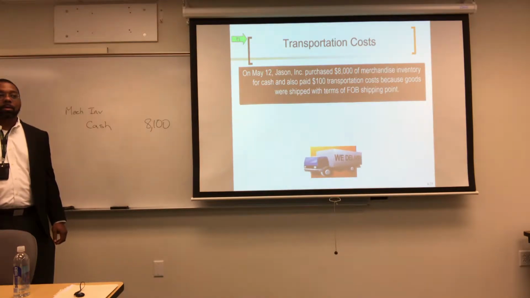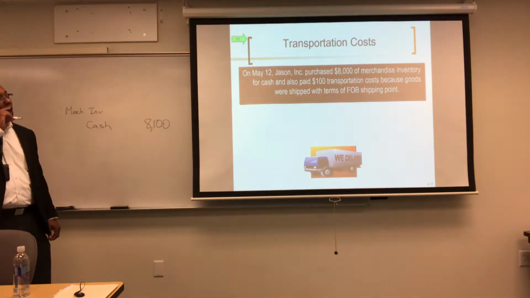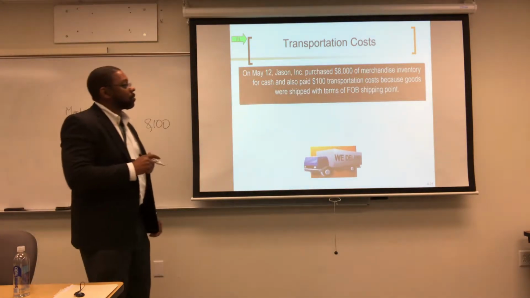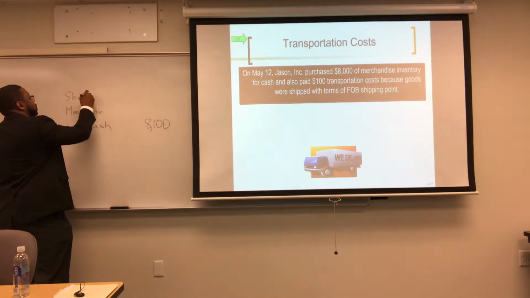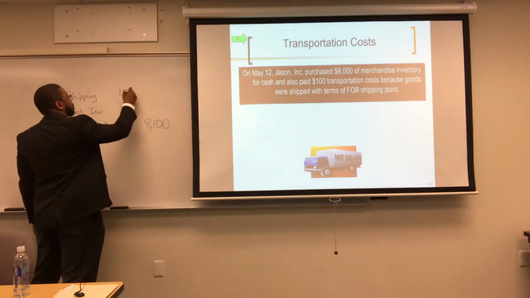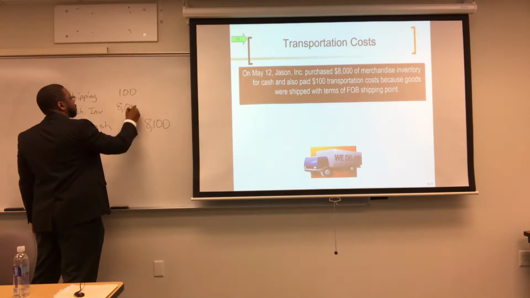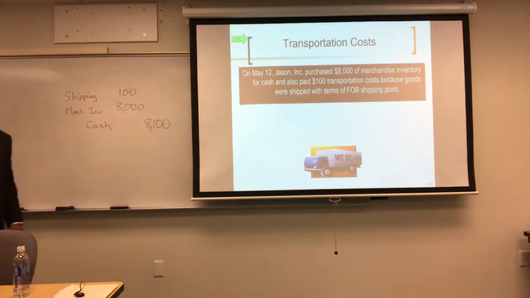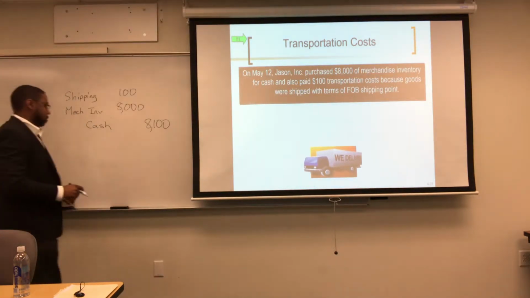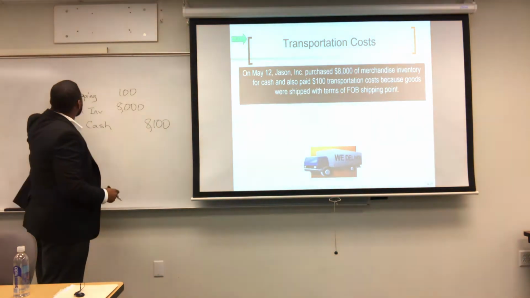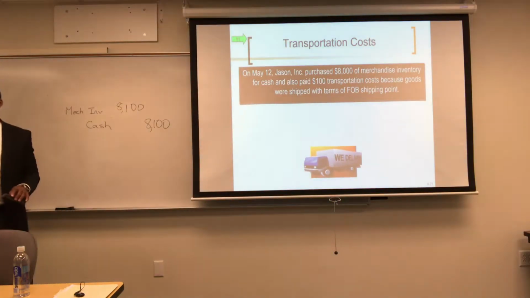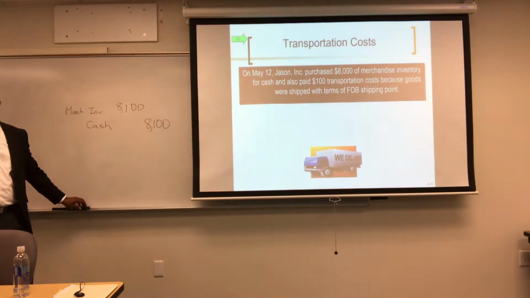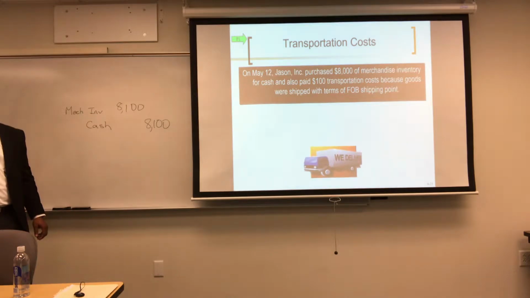Someone says 8,000 and credit shipping expense. So you're saying it should look like this. And you're saying no, it should look like this. Right? Why do you say that? It should be the cost.